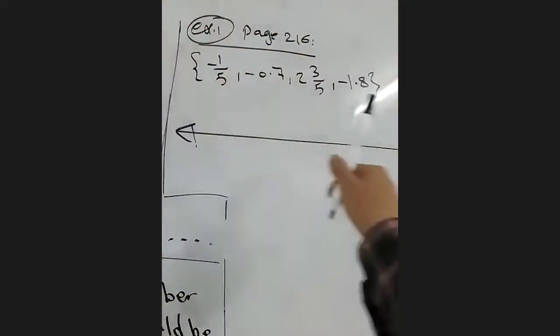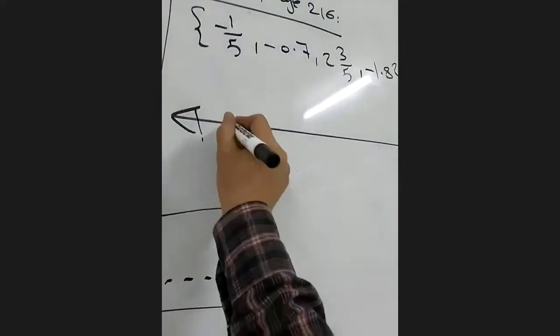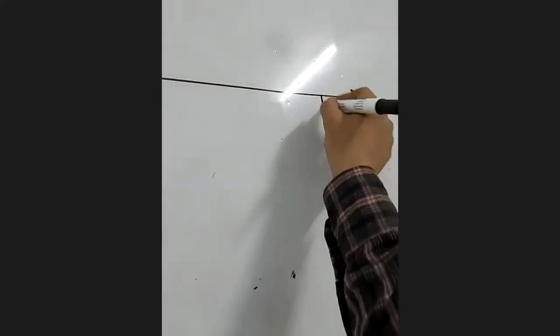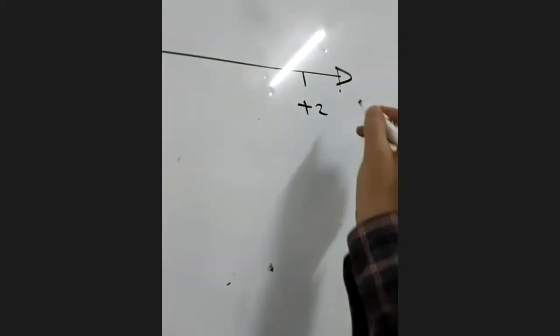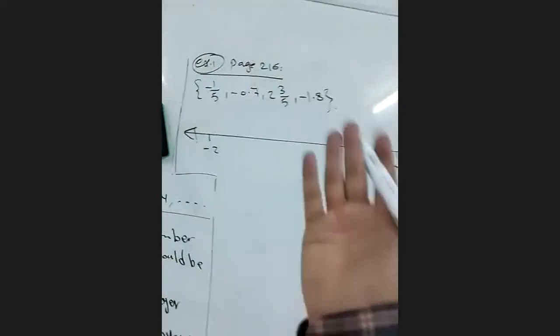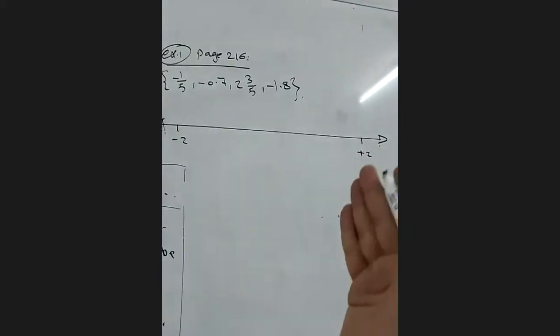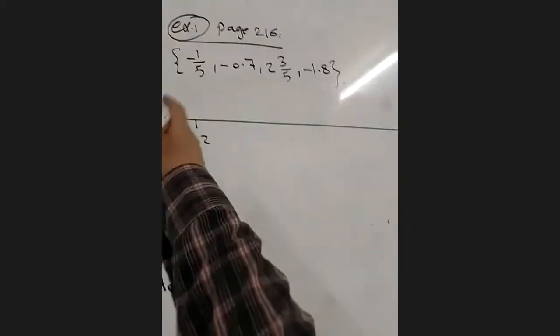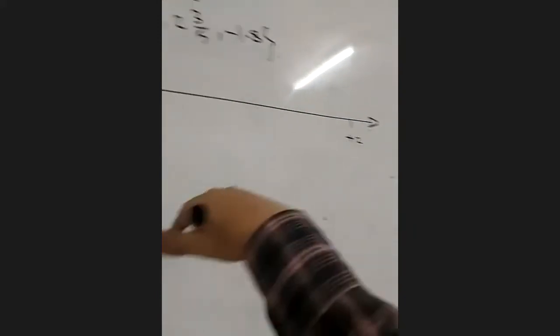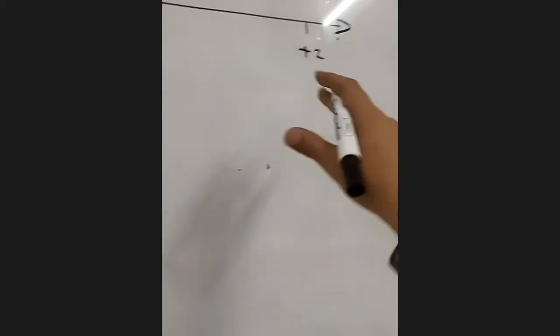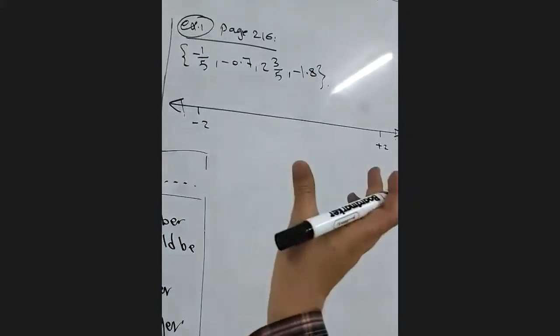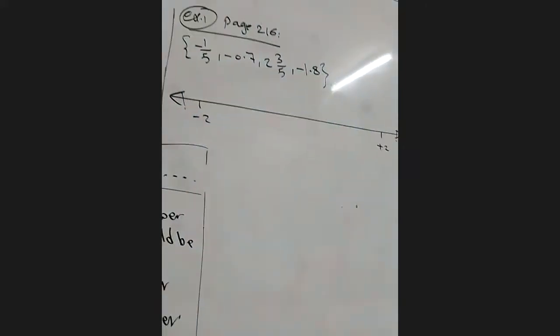All of these numbers start from negative 2 and end before positive 2, so no need to put negative 3, negative 4, negative 5, or positive 3 and so on.